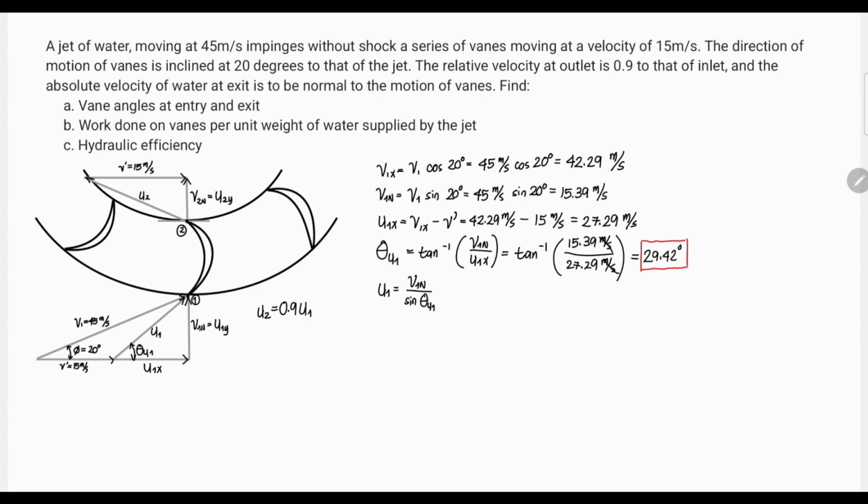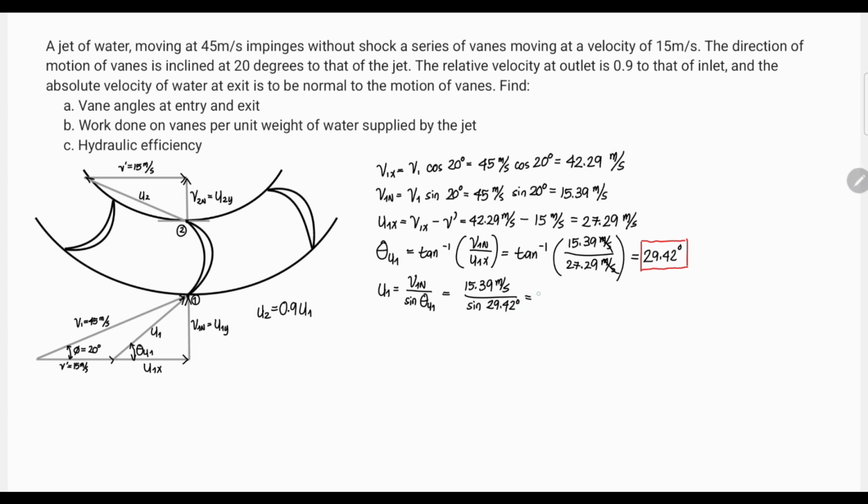Opposite is v1n over the hypotenuse. The hypotenuse is u1. But since what we are looking for is u1, this is the arrangement of the equation. So u1 is equal to v1n, 15.39 meters per second, over sine theta u1, which is 29.42 degrees.